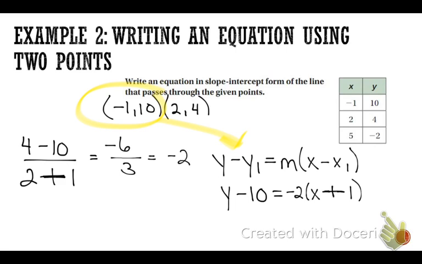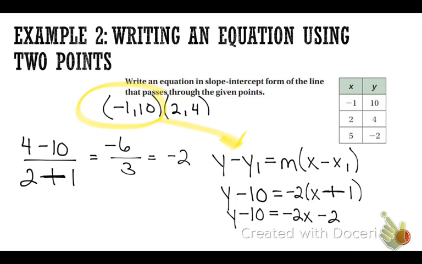All right, and now this should look pretty familiar to us, right? We're kind of on the home stretch now. y minus 10 equals negative 2x. Is it plus 2 or minus 2? What do you think? Negative 2 times 1.